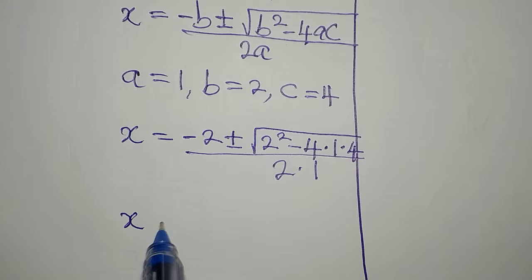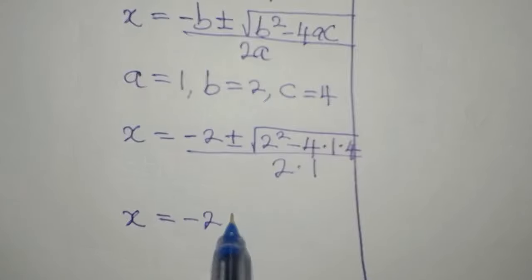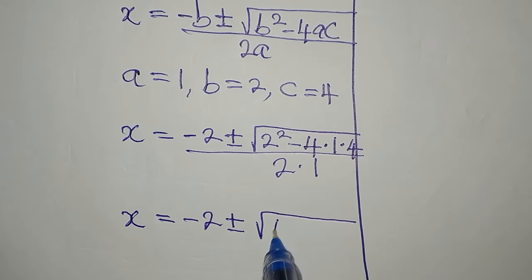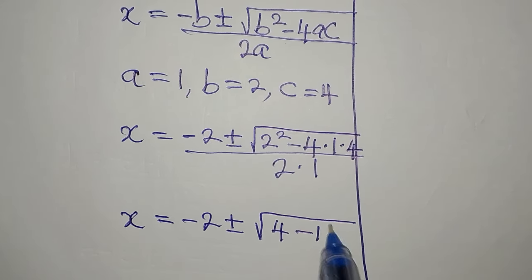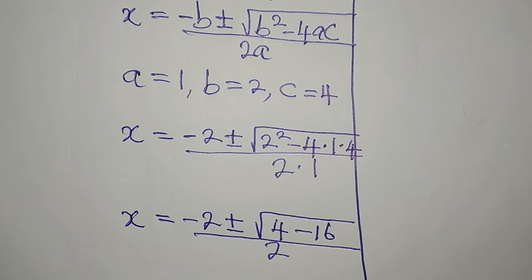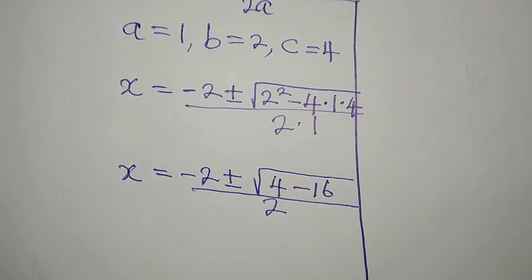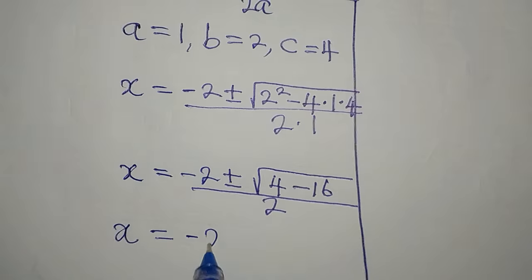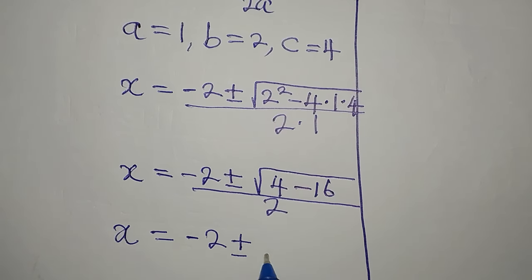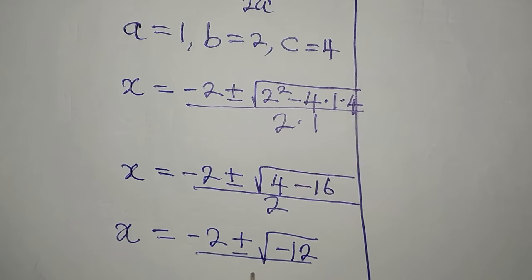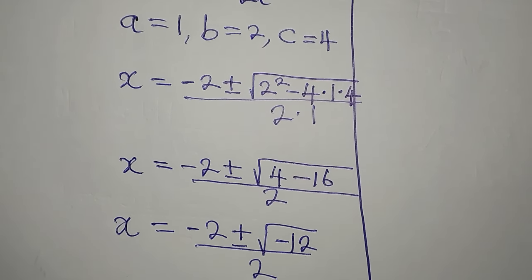Our x now will be minus 2 plus or minus the square root of 4 minus 16. Then we divide by 2. We can still proceed, right? So that x will be equal to minus 2 plus or minus the square root of minus 12 over 2, because 4 minus 16 is minus 12.